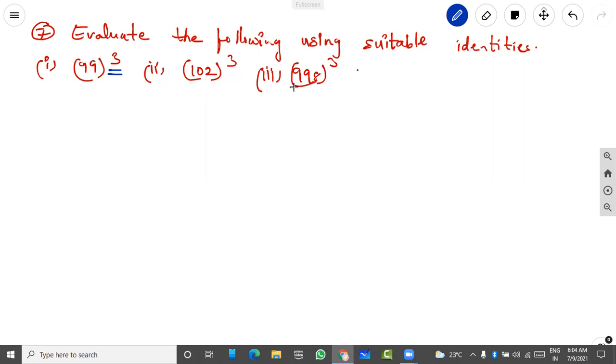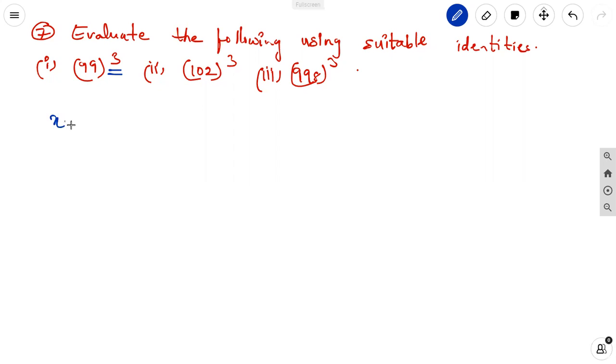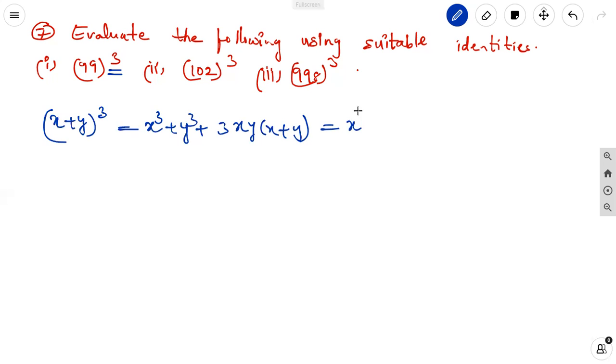For these three problems, the suitable identities are: one, (x plus y) whole cube equals x cube plus y cube plus 3xy into (x plus y), or x cube plus y cube plus 3x square y plus 3xy square.